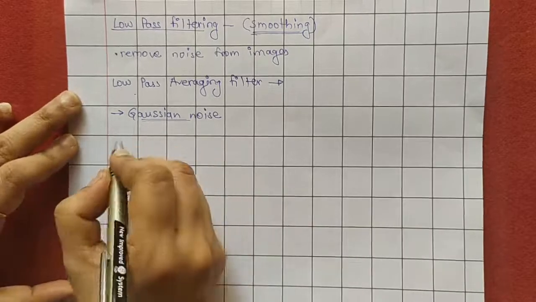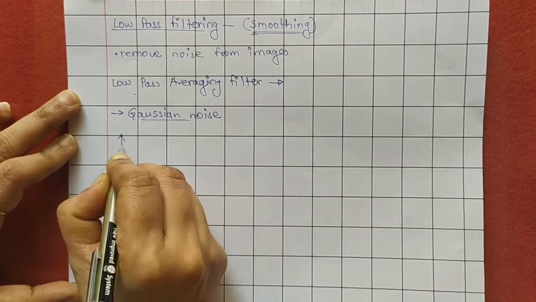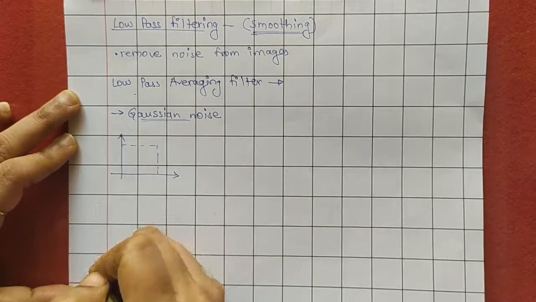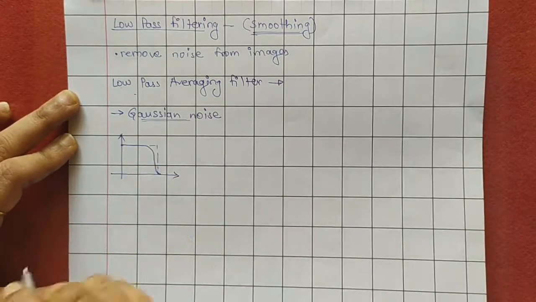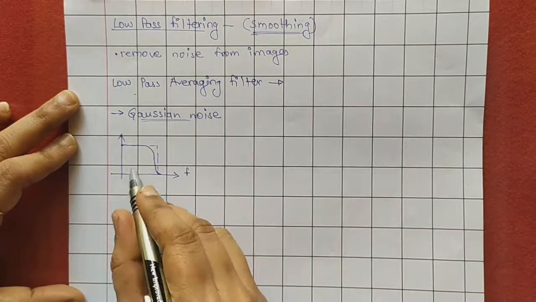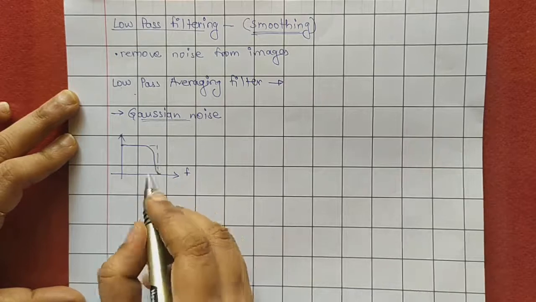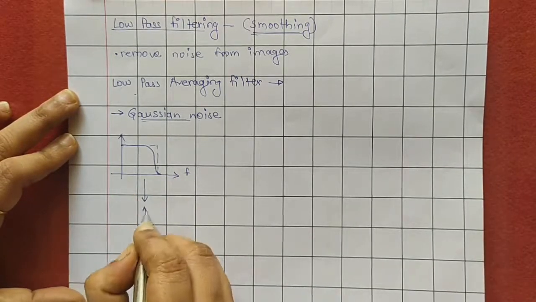The frequency response of the low pass filter is like this. All of you know the frequency response of a low pass filter. This is the ideal case and this is the curve for the practical case. This is the frequency axis. So this is the frequency response of the low pass filter in the frequency domain. In the spatial domain, this can be represented like this.